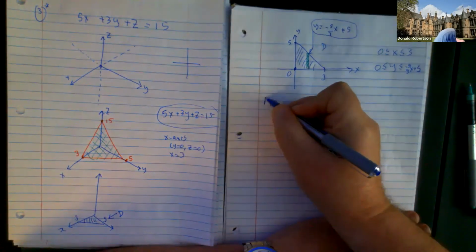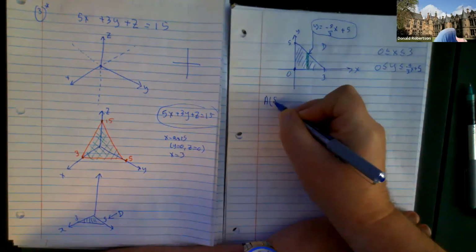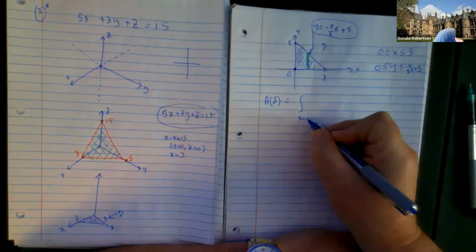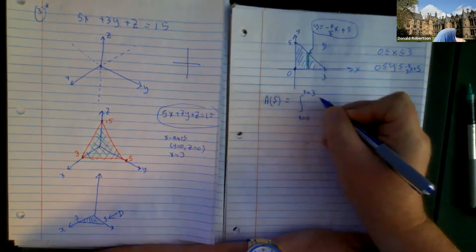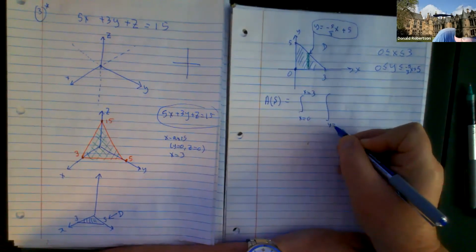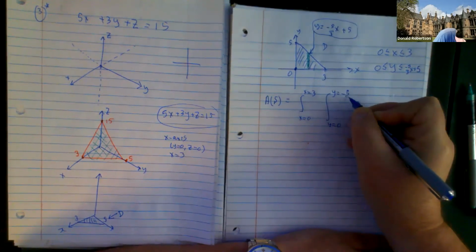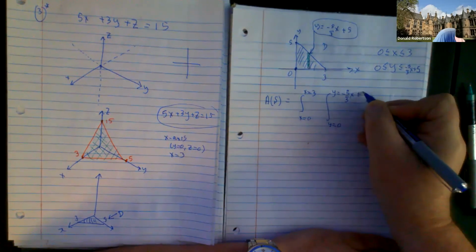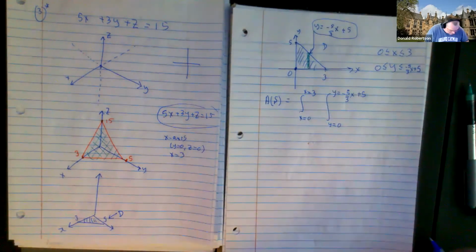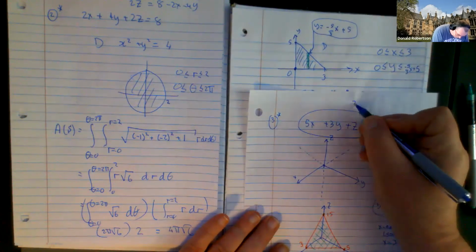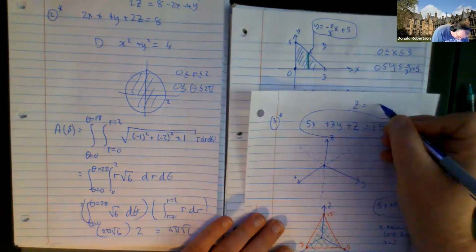So the area of the surface is going to be the integral from x equals 0 to x equals 3, the integral from y equals 0 to y equals -5/3 x + 5. Now I have to do a little bit of adjustment here. I know that's the format they gave us, but don't we have to rewrite it as z equals?